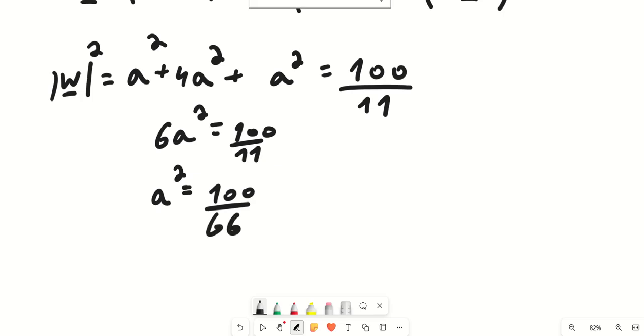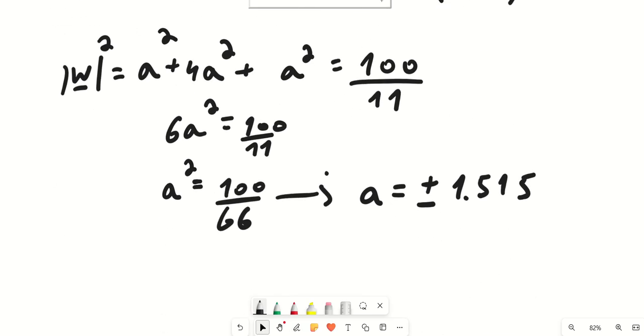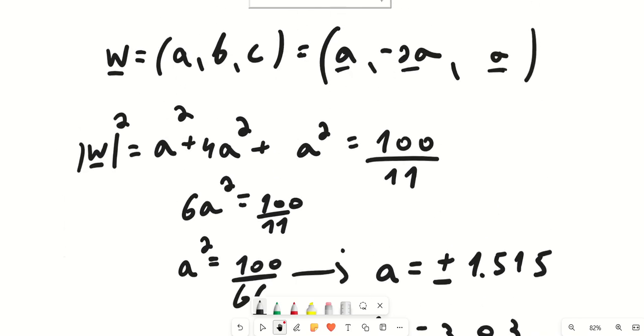So then I will use the calculator, and I get that A equals plus minus 1.515. So B equals minus 2A. And C just equals A.